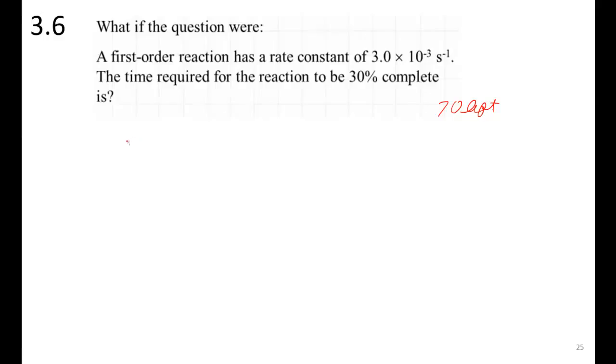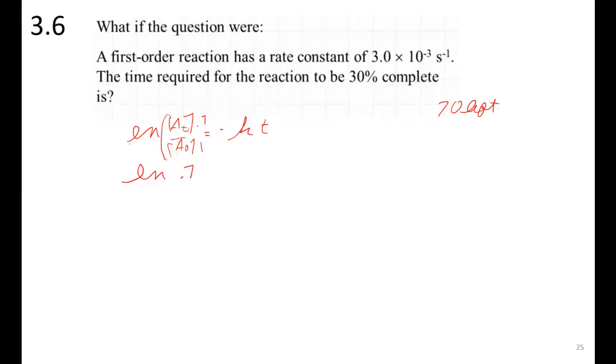So if I use my integrated rate law, these are concentrations, right? The natural log of the ratio equals minus KT. Now what I could say is, if I started with 1 of these, then I have 0.7 of this left. So this ratio is 0.7, right?